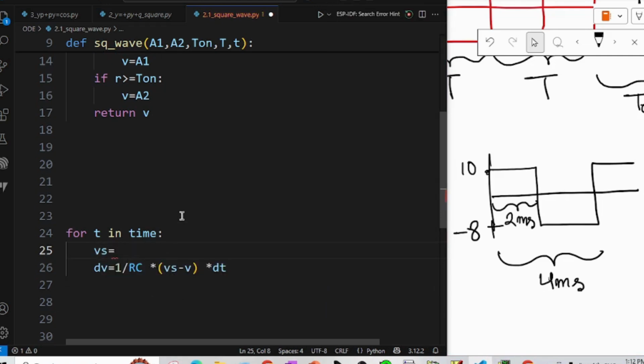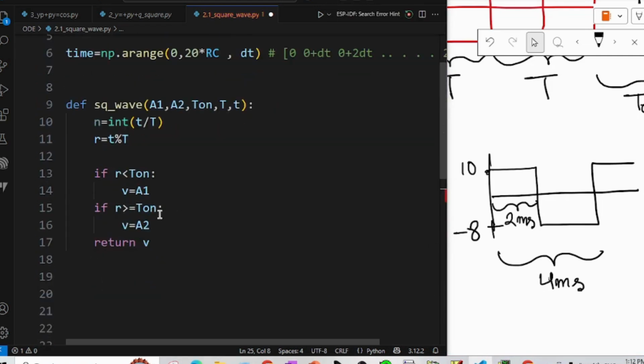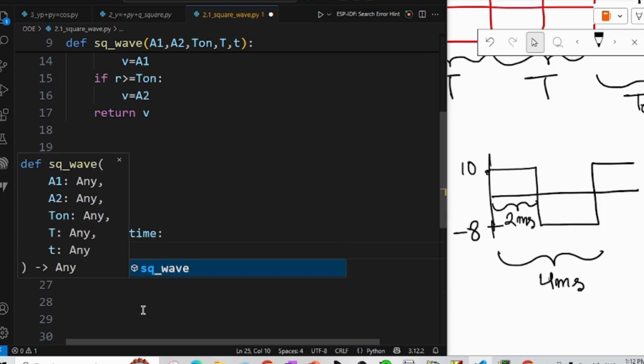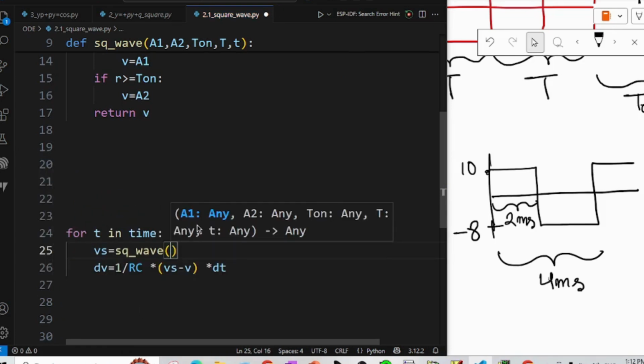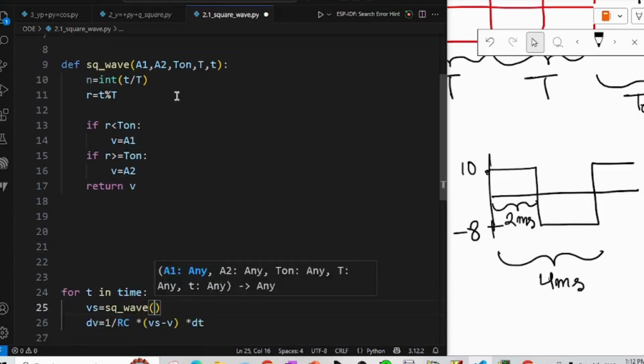Okay, so here I have to make BS. So BS is, I make a function square wave, so let's write square wave, and then I have to send some parameters.